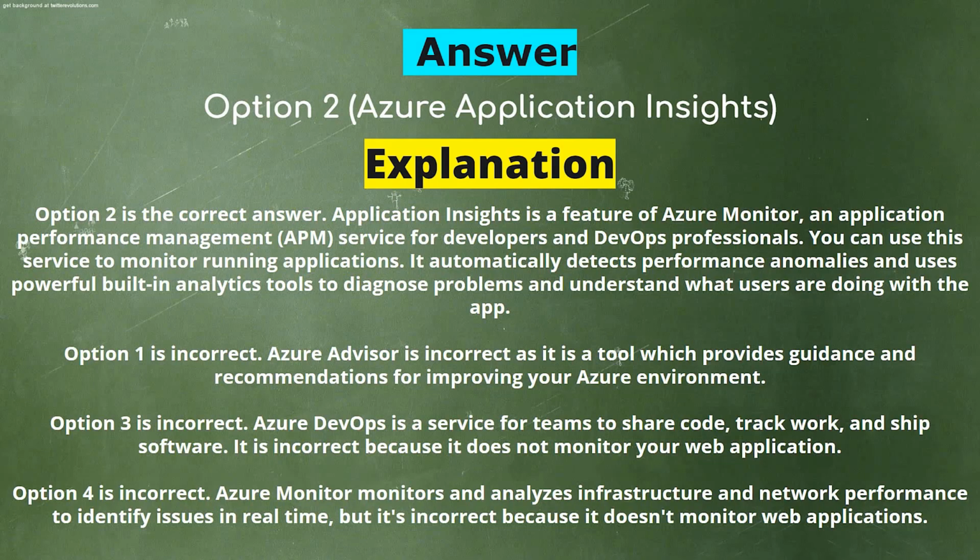Option 3 is incorrect. Azure DevOps is a service for teams to share code, track work, and ship software. It is incorrect because it does not monitor your web application. Option 4 is incorrect. Azure Monitor monitors and analyzes infrastructure and network performance to identify issues in real time, but it's incorrect because it doesn't monitor web applications.